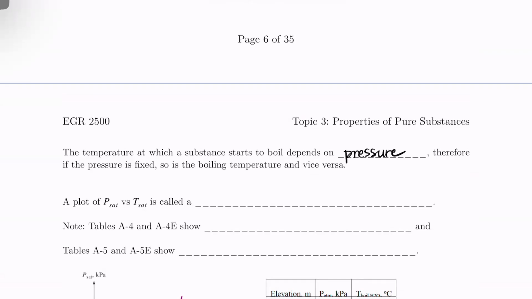And therefore, if the pressure is fixed, so is the boiling temperature and vice versa. So if you know the temperature, then the pressure at which it boils is going to be fixed. Does that make sense?